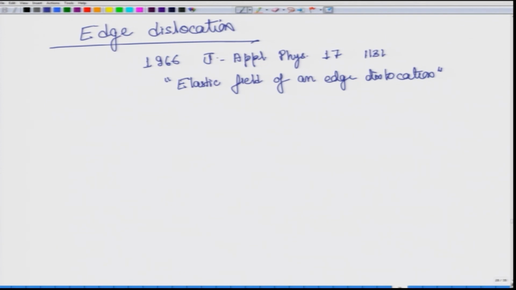In this particular work they have discussed the elastic field for an edge dislocation. You would be able to calculate the strains. They have derived the strain fields and stress fields around an edge dislocation, and we will not go through it, but I will simply give you the values of those strain and stress fields that they have obtained, and it comes out like this.